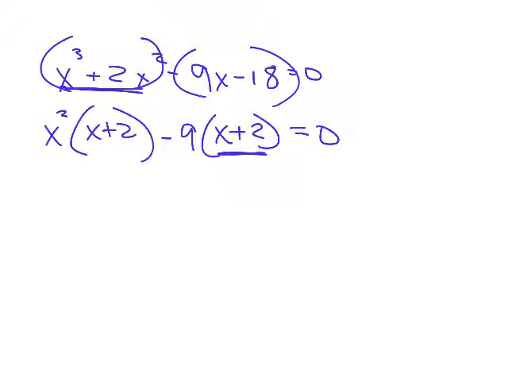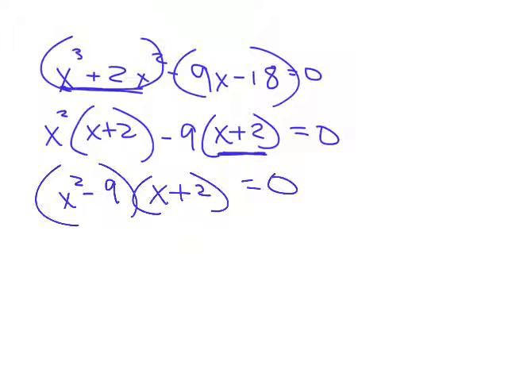One of the things to remember when you're pulling things out like this 9, make sure that you redistribute it to see if you're going to get this back again. So negative 9 times x, yeah, it's negative 9x. Negative 9 times 2, it's negative 18. So it works. Make sure that you check your signs, because I blow that all the time. And then you've got x squared minus 9 times x plus 2.